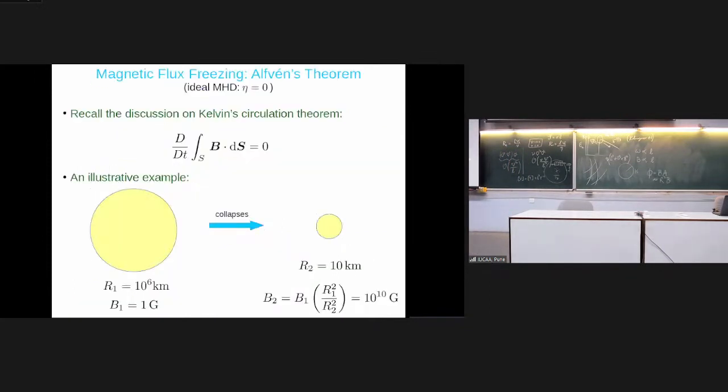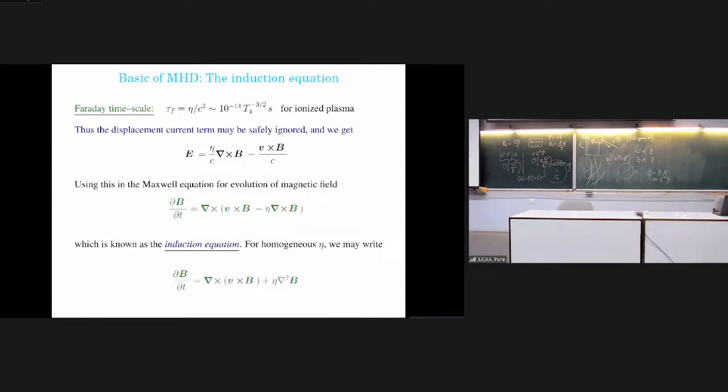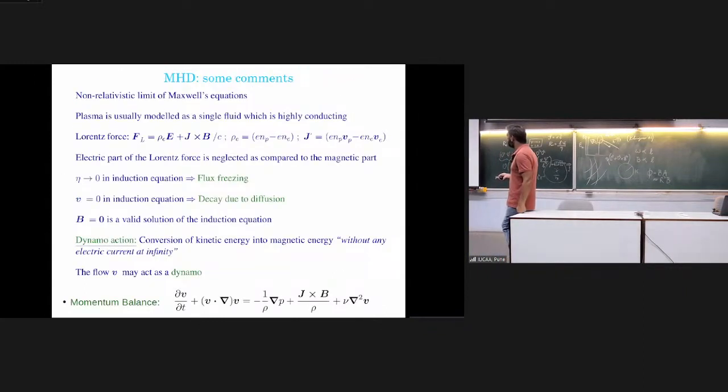Flow V. So the equation looks deceptively simple. This is the only thing that is there, where you have to explain everything that you see about magnetic field. This flow must host everything about dynamo. Must have all the clues to the dynamo. Momentum balance also gets modified because of the Lorentz forces.